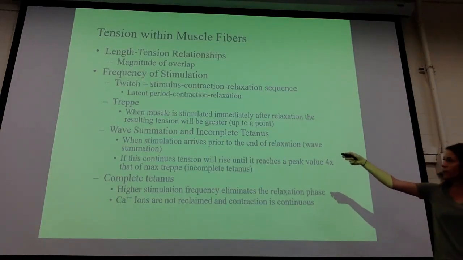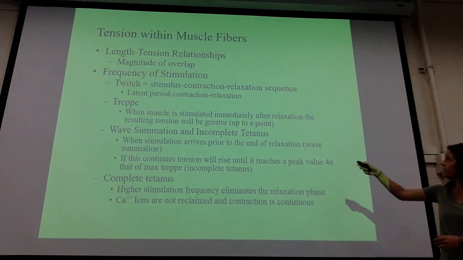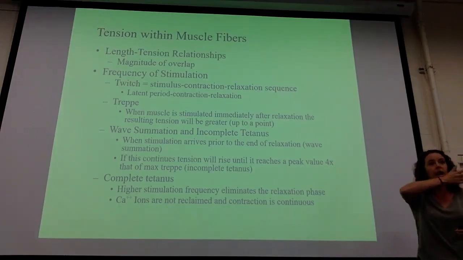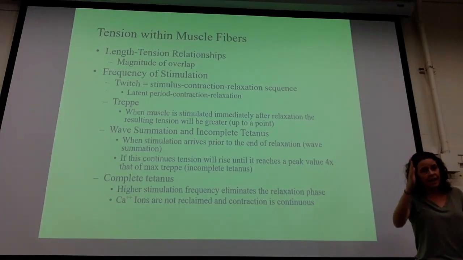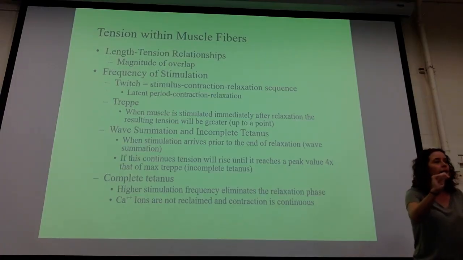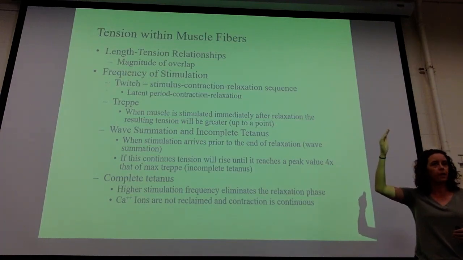So the next amount from a twitch is called treppe. It's like a staircase. Treppe is when the muscle is stimulated, so we have our twitch, we have our contraction. The muscle relaxes, and then right after the muscle relaxes, we get another action potential, another stimulus.